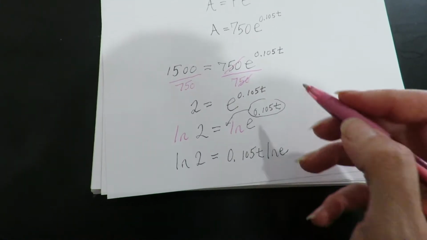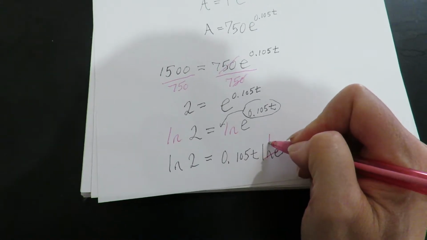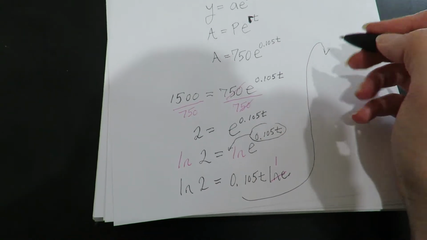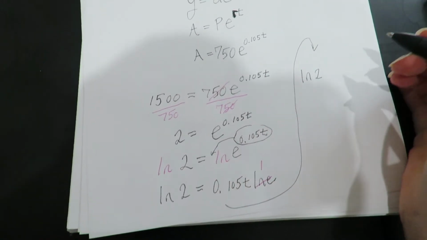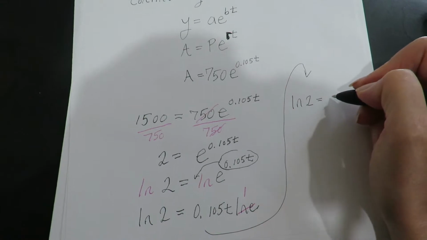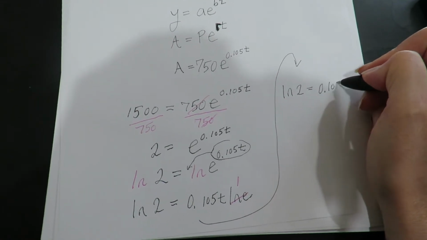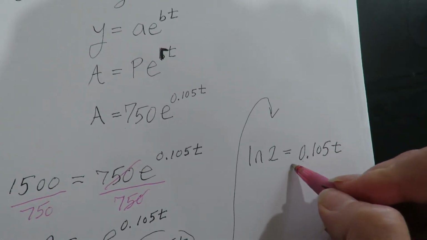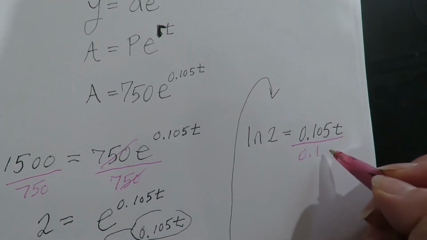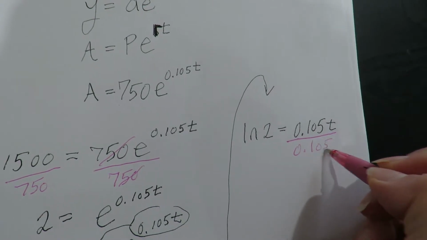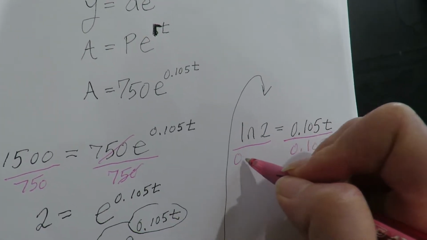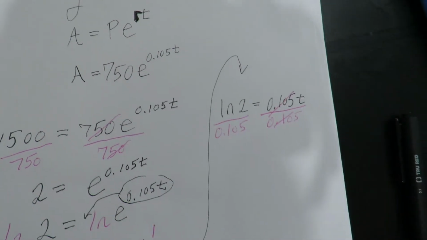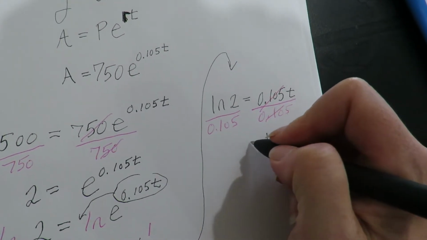Again, ln of e is equal to 1. We've solved that a few times. Let me move this over here. Now you just have to isolate the t, so you're going to divide off the 0.105 to both sides. And now you're ready to find the time.